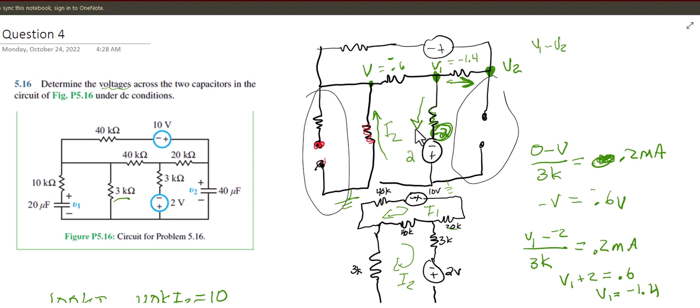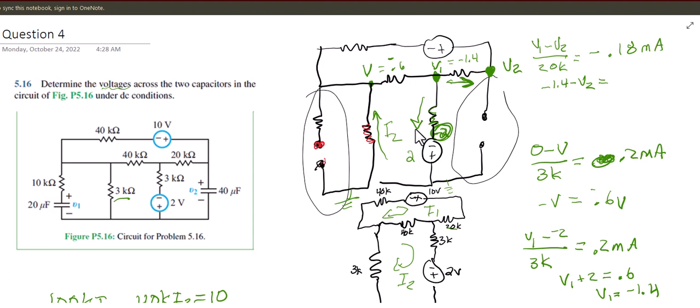No, I drew that the opposite direction of I1, so I'll need to make it minus. V1 minus V2 over 20K equals minus I1, which was 0.18 milliamps. Or V1 is minus 1.4 minus V2 equals 20 times 0.18.